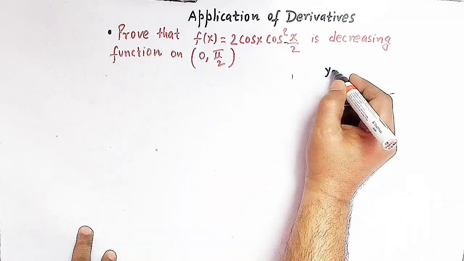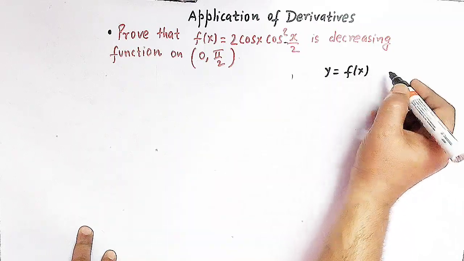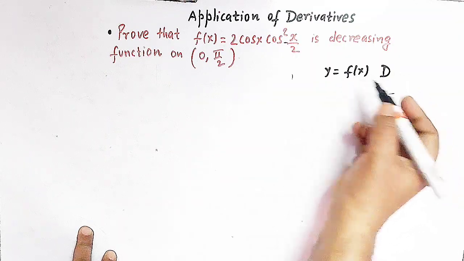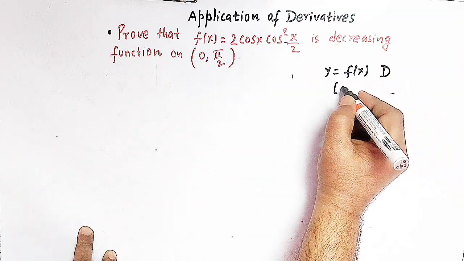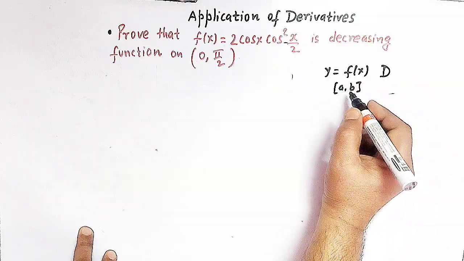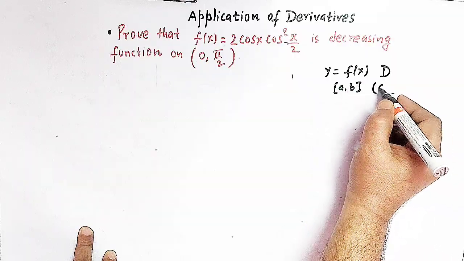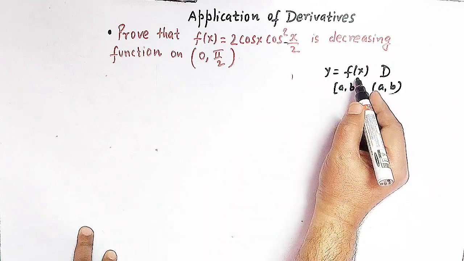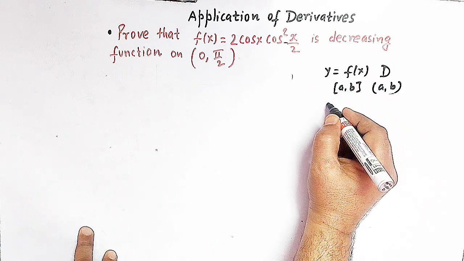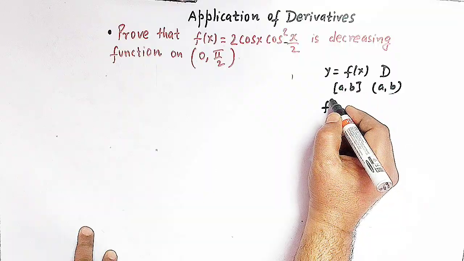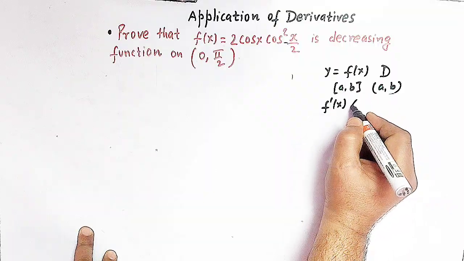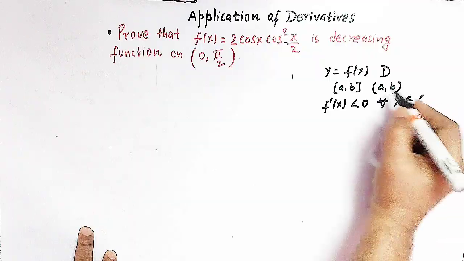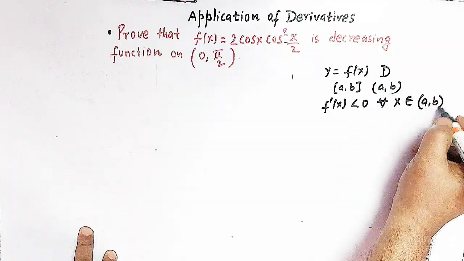So suppose we have a function, say y is equal to f of x, which is defined in some domain D, and if f of x is a continuous function in the interval, say a comma b, and it is derivable in the open interval a comma b, then this function is said to be a decreasing function if the derivative, that is f prime of x, is less than 0 for all x belonging to this interval, that is a comma b.